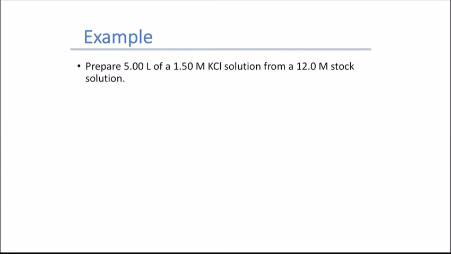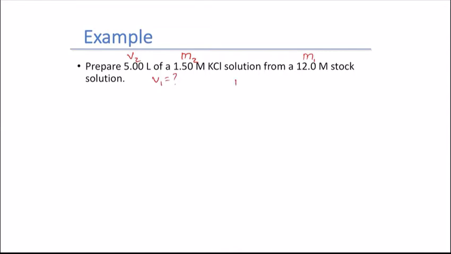So the 5 liters, that's V2. The 1.5 molar, that's M2. The stock solution, the 12.0 molar, that's M1. So you can see the only thing we don't know is V1. So we're trying to figure out what V1 is.